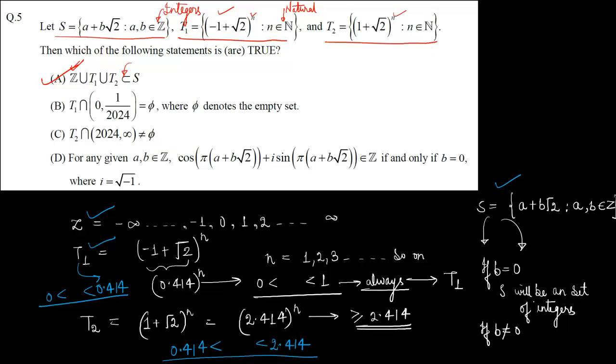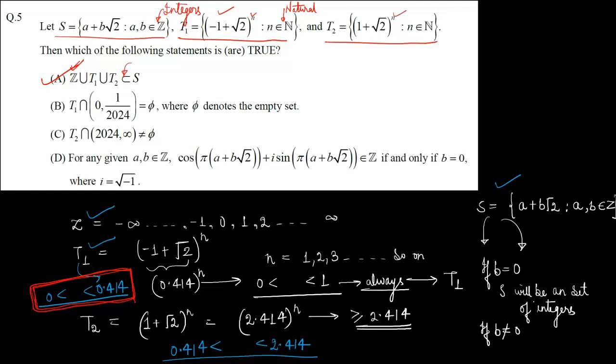In the second option, there is T1 intersection from 0 to 1 by 2024 equals phi, where phi denotes the empty set. It is saying that from 0 to 1 upon 2024, T1 will have no intersection. But we know that T1 lies between 0 and 0.414, so there may be some data points lying between 0 and 1 upon 2024.